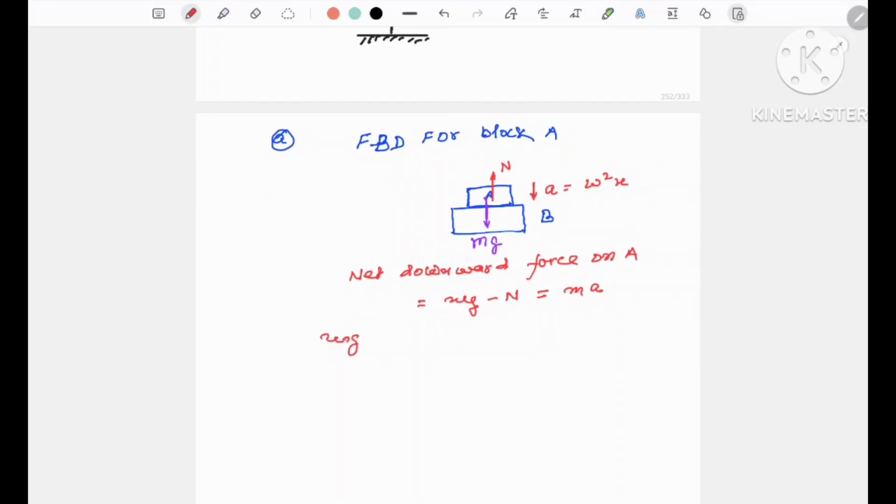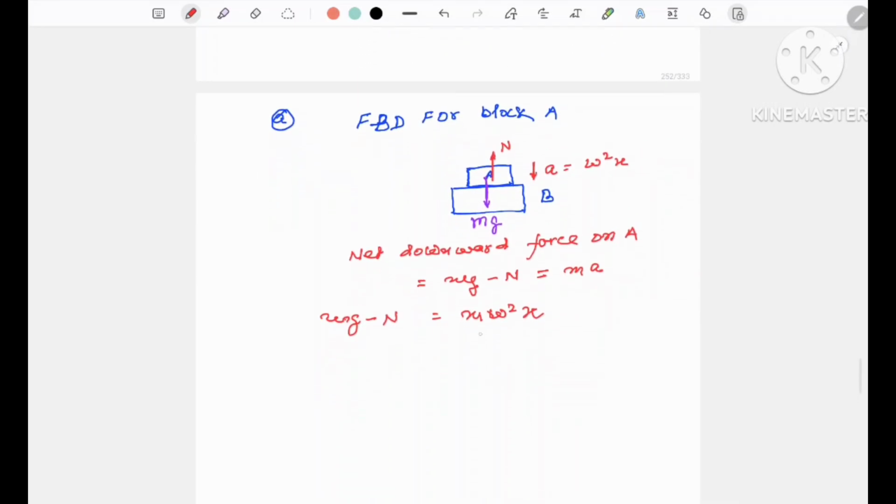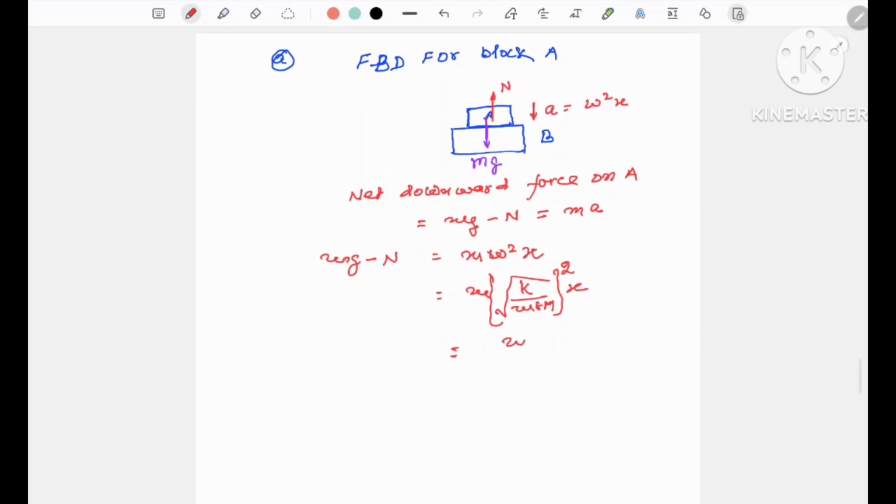So mg minus N will be m omega square x, and omega is under root of k by (m plus M), squared, so this is m k x by (m plus M). This is the net force on block A, m k x by (m plus M).